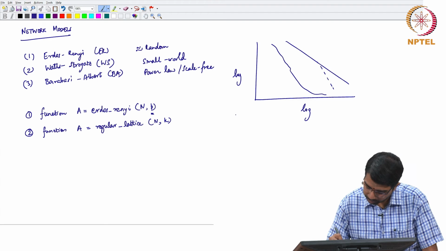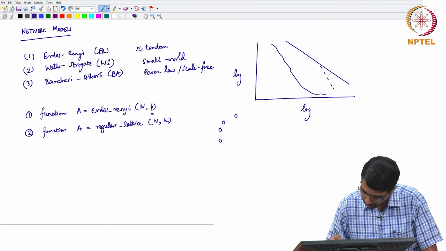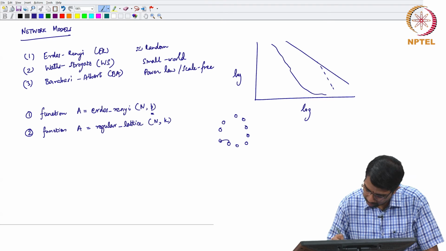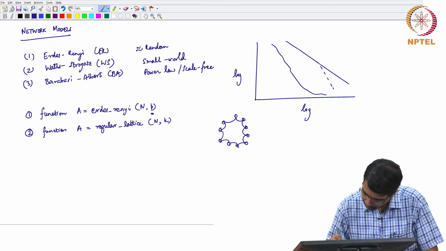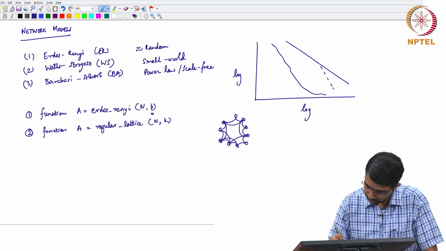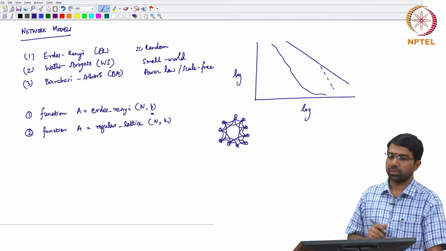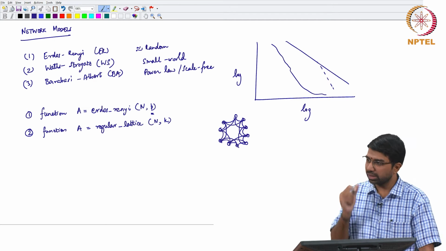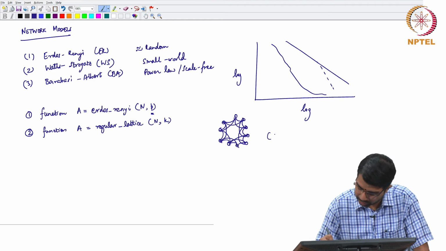What you know is, you have a regular lattice of this sort where every node is connected to k nearest neighbors on either side, and we can then show the clustering coefficient is basically.